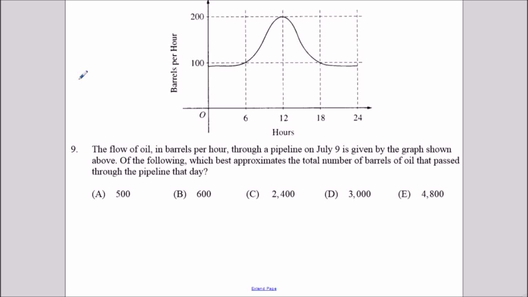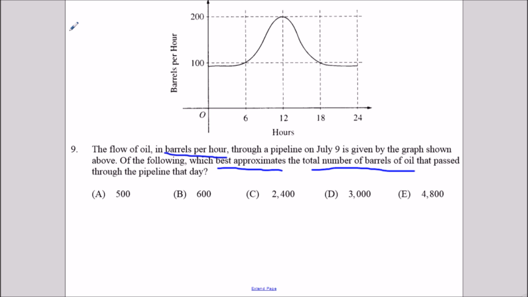For the next part here, we have the flow of oil, and this is a key part, in barrels per hour through a pipeline is given by the graph above. And they want to know which of the following best approximates the total number of barrels of oil. So our answer should be in terms of barrels of oil. And we want to know how much passed through for the day, so in 24 hours.